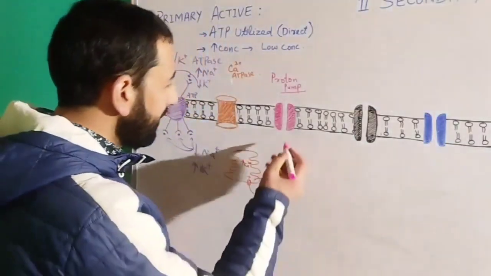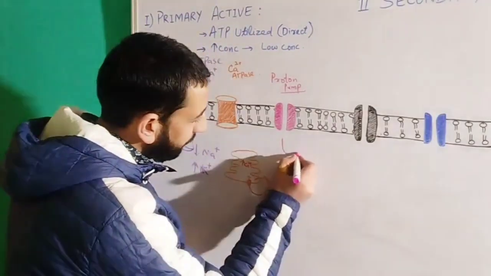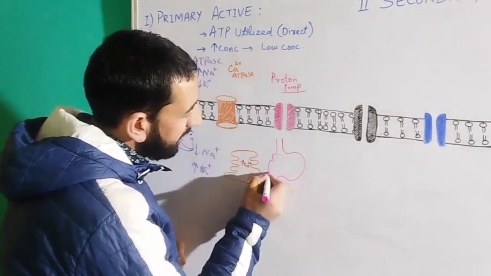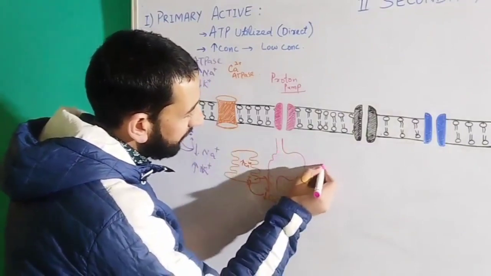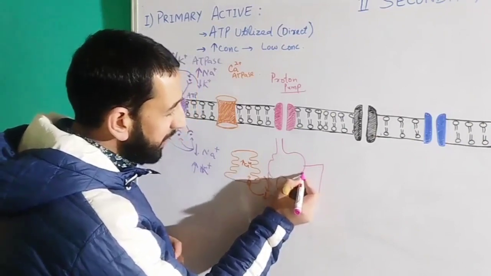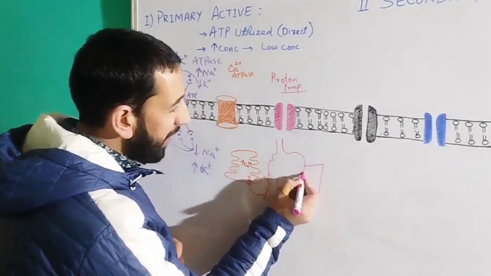Now suppose here is our stomach, and in the stomach there is a parietal cell. Suppose here is the parietal cell, and on the luminal membrane of the parietal cell, we have a proton pump.